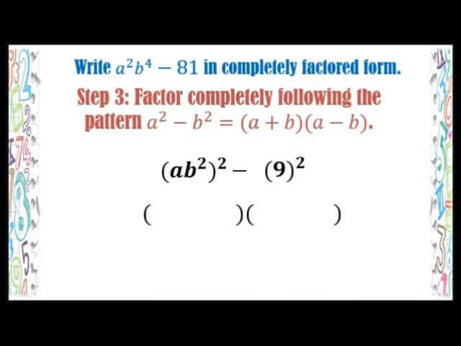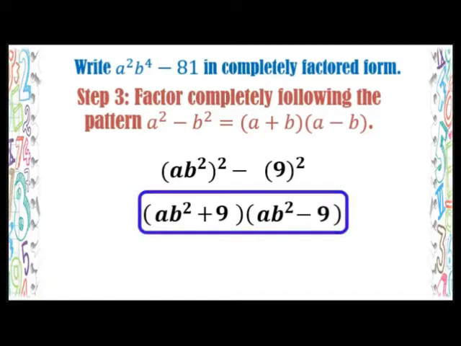The first term is ab squared, then plus and minus 9, which is the second term. So the completely factored form of a squared b raised to 4 minus 81 is ab squared plus 9 times ab squared minus 9.